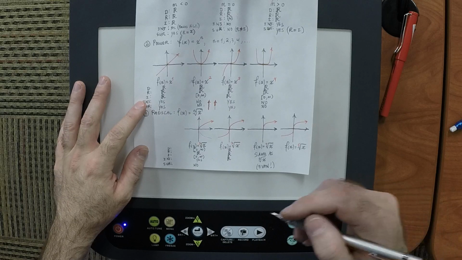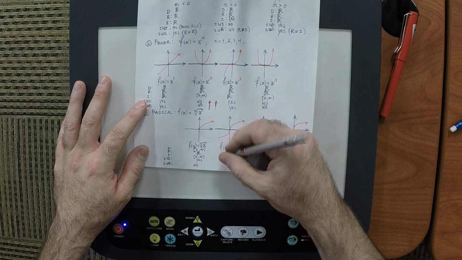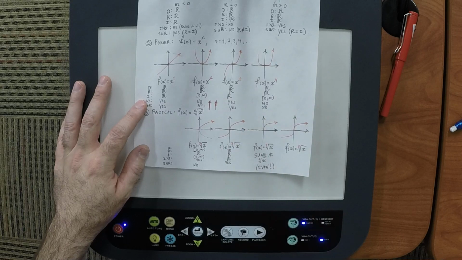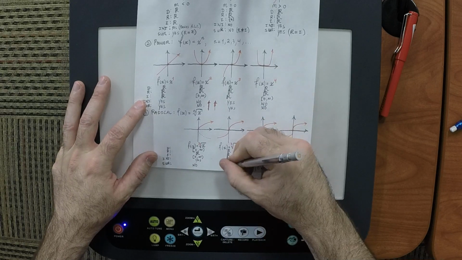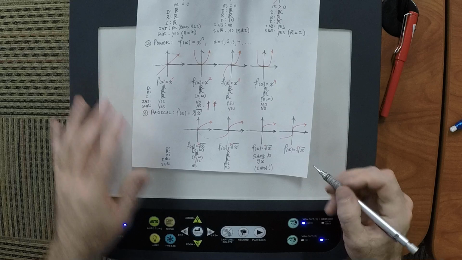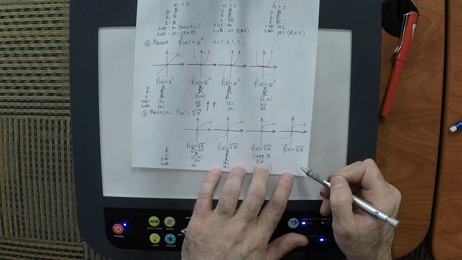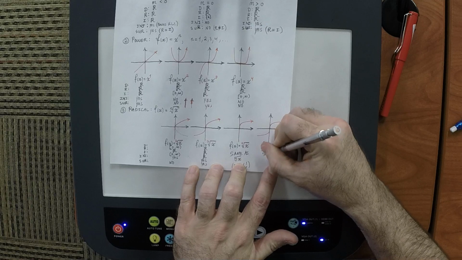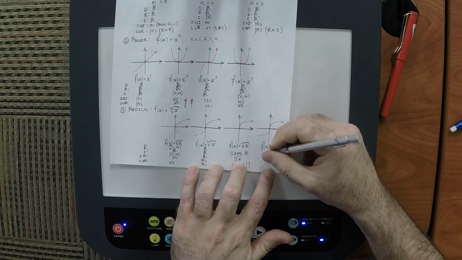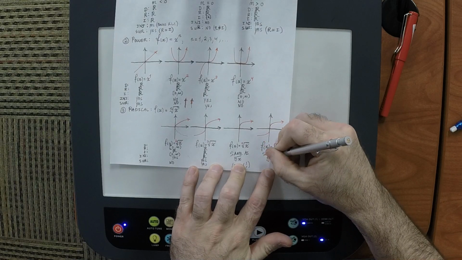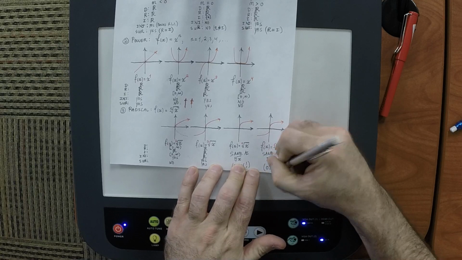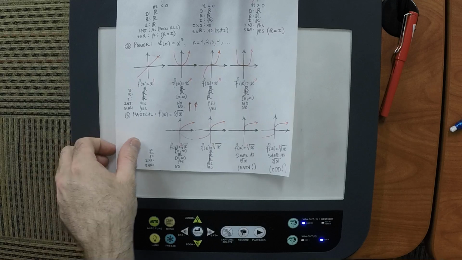Is it injective? Yes, because every horizontal line intersects at most once. Is it surjective? Yes. Okay, what are the answers to this one? The same as the cube root. Good. Any questions about these?